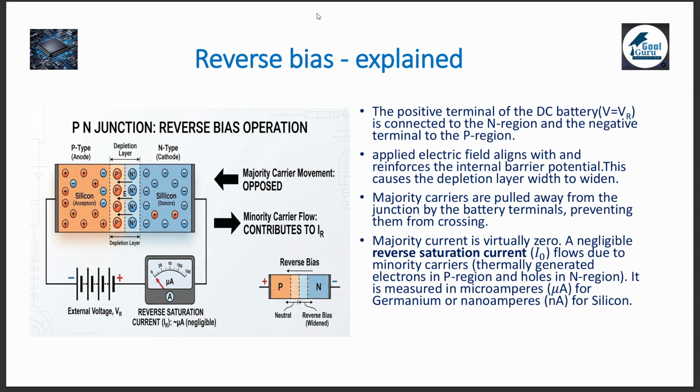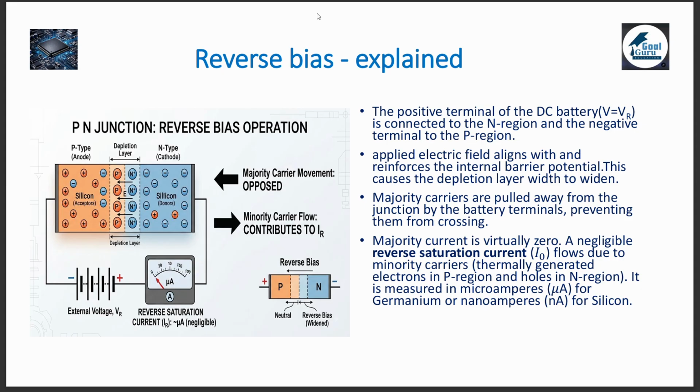Therefore, the majority carriers are pulled away from the junction by the battery terminals, preventing them from crossing. That means there will be no diffusion now. No majority carriers cross the junction. Hence, the majority current is almost zero and a very negligible reverse saturation current flows due to the minority carriers.